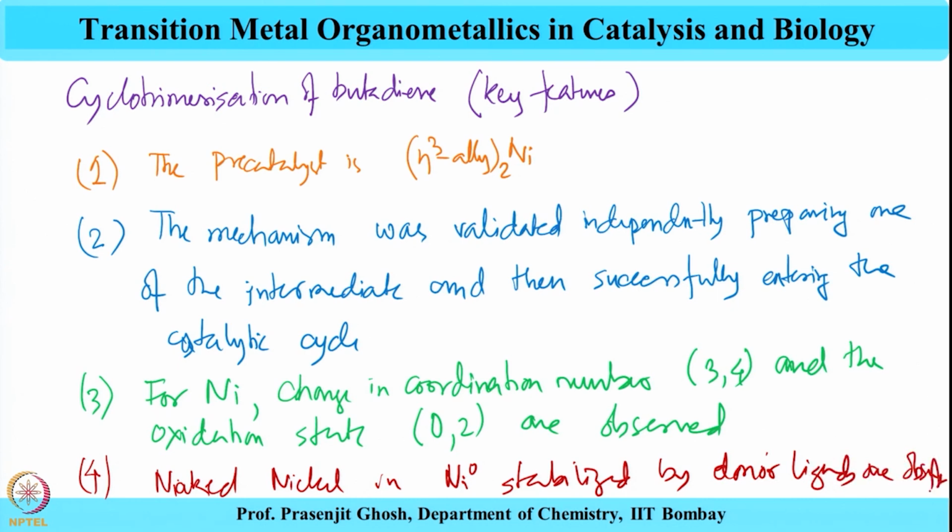So, these are the key attributes of this cyclotrimerization process, which shows the feasibility of this nice reaction through the metal displaying flexible coordination mode by changing the coordination number from 3 to 4, as well as flexible oxidation state by changing the oxidation state from 0 to 2.